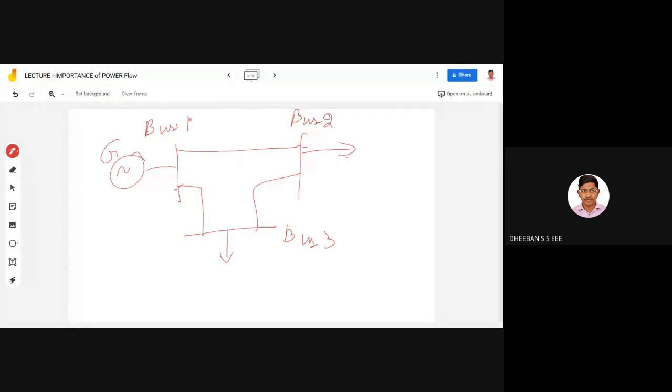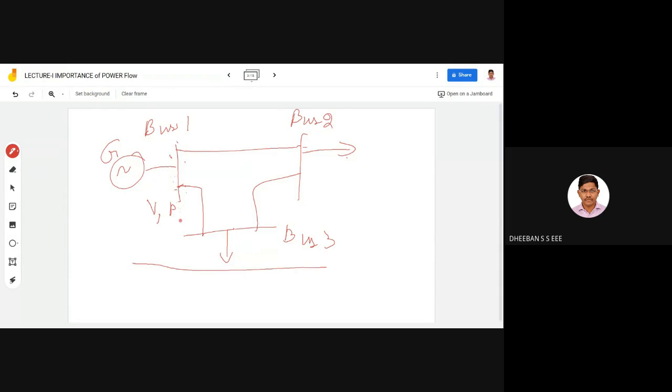Why do you have to do load flow for this particular network? You might be knowing the value of the voltage and the power rating of bus 1, because it is the bus at which your generator is connected. I'm explaining with a simple network.